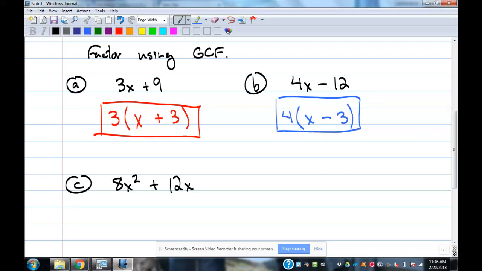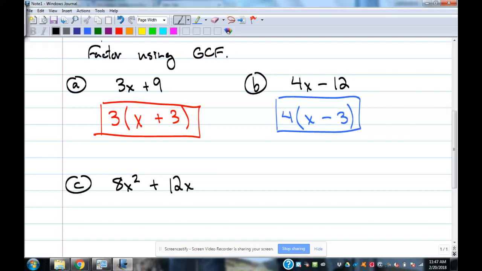So 4 is the biggest number. What letter do they share? How many? Well, how many are on this term? There's 2. How many on this one? 1. So they only share 1. You can never share what you don't have, right? So this one has 2, this one has 1. The common is 1.